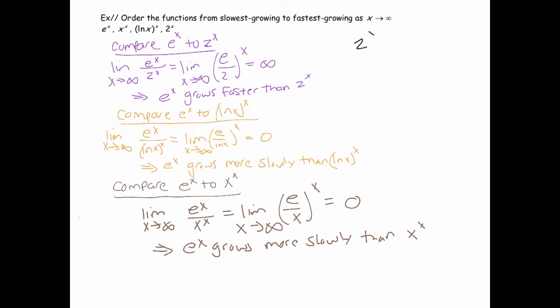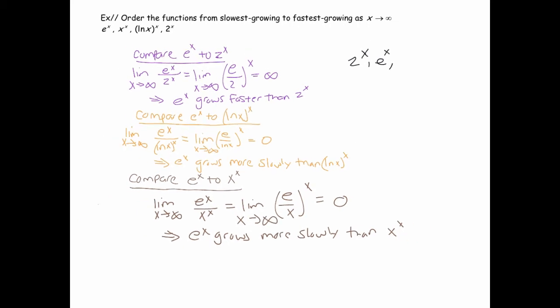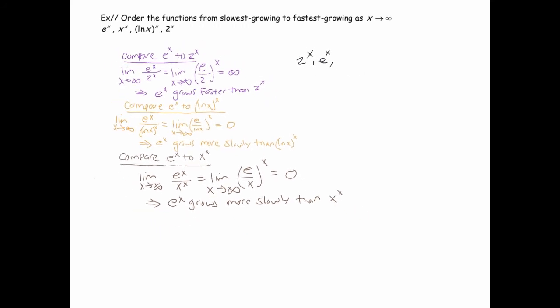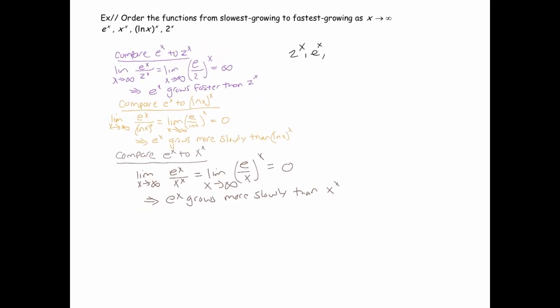So I've got so far 2 to the x, and then I know e to the x is next. But now I've got to compare x to the x and ln of x to the x. You could probably predict that x to the x will go faster, but let's just confirm that. So we'll compare x to the x to ln of x to the x.